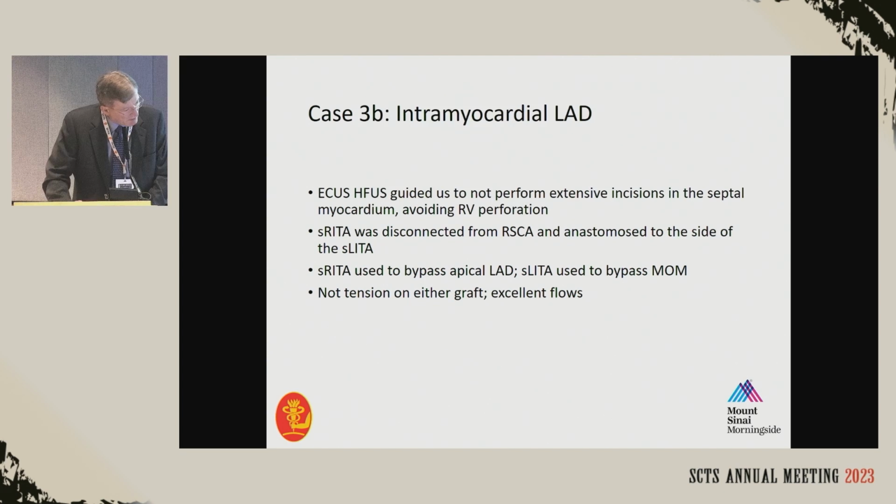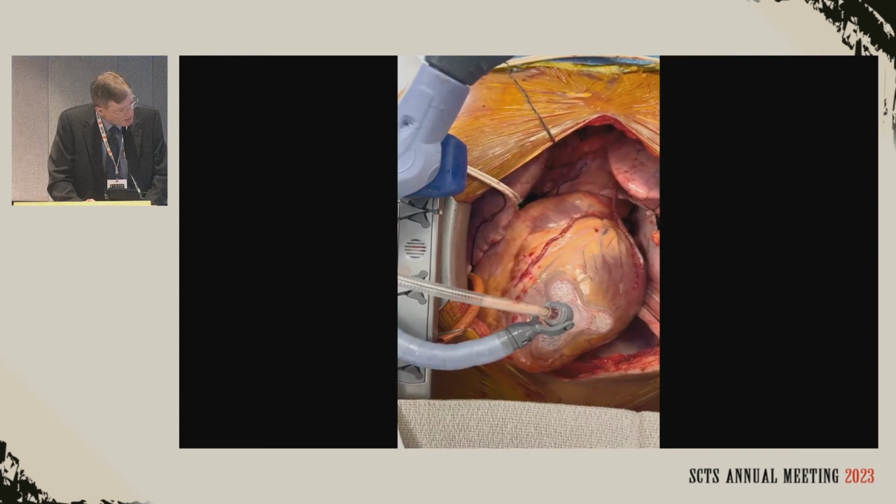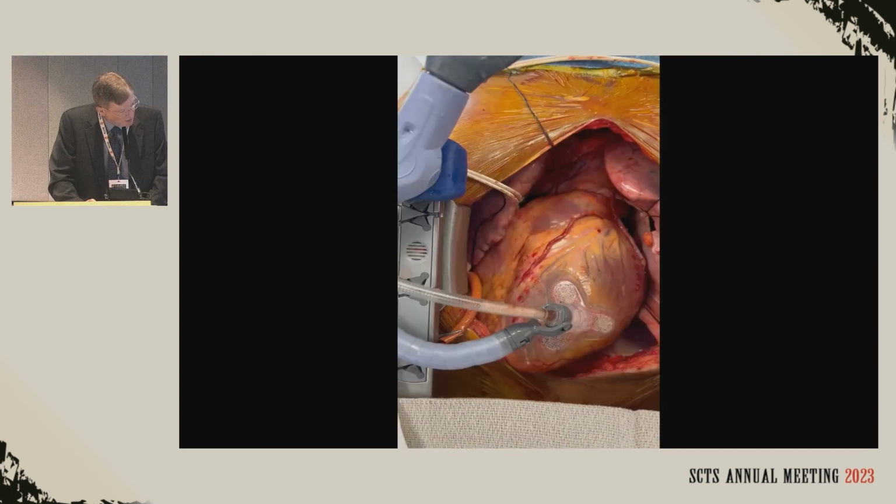We disconnected the right mammary from the chest wall and sutured it to the side of the left mammary. With that, the right mammary would easily reach the apical LAD, which we used it for bypass, and the skeletonized left mammary reached the OM. Neither had any tension. This is what it looks like at the end.